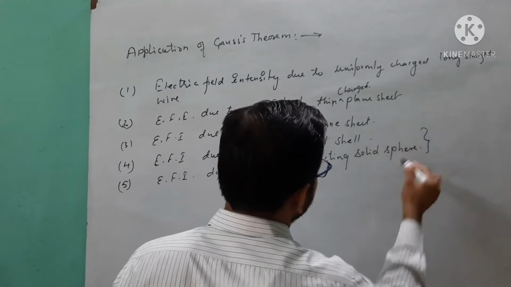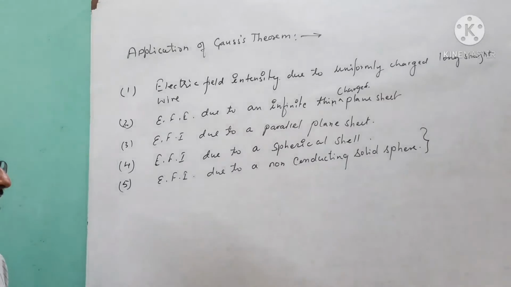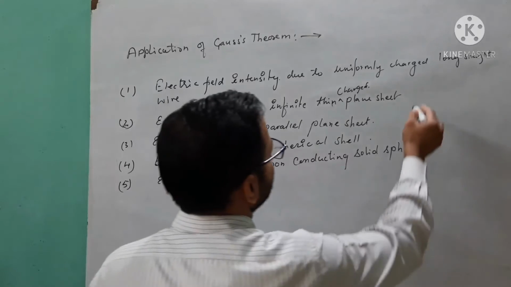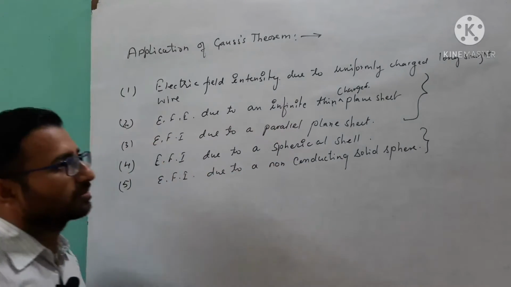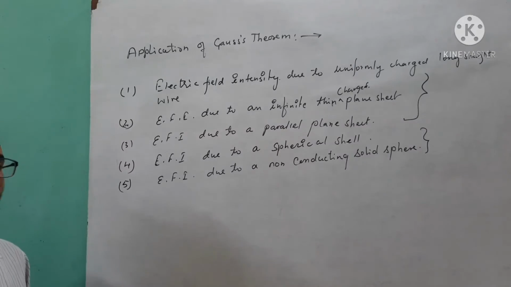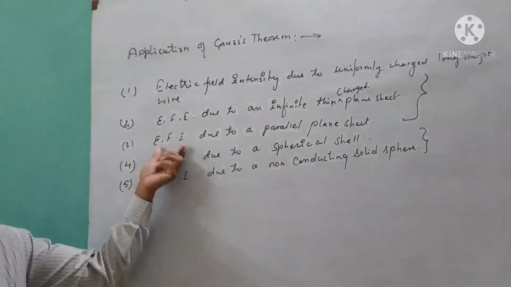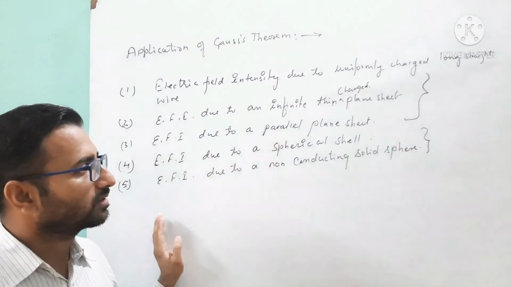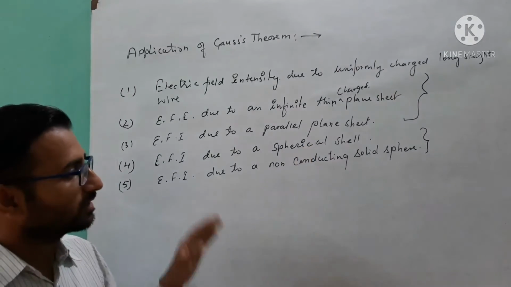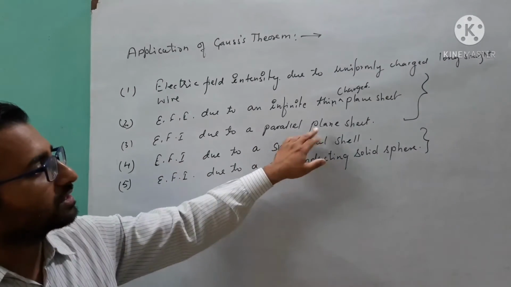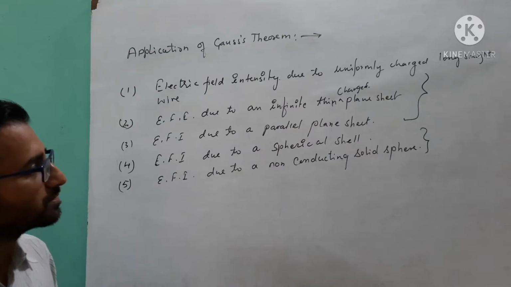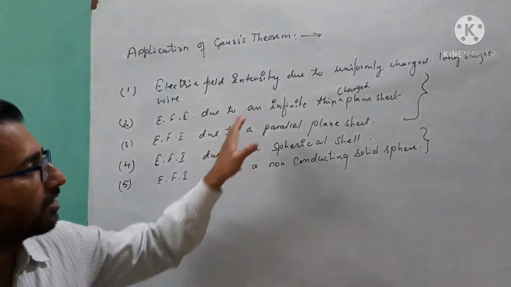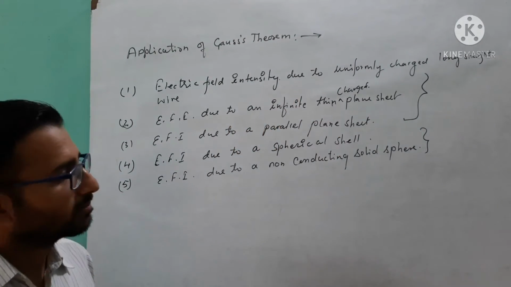In these two conditions, the graphical representations are very important, and these three conditions are important from the point of view of numericals, in which we will calculate the electric field intensity in different regions of the parallel plate sheet, and in this derivation we will use the result of the electric field intensity of an infinite thin charged plane sheet.